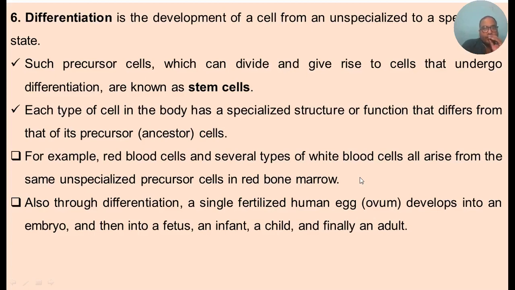After differentiation, this forms an embryo and then a fetus, an infant, a child, and finally an adult. So fetus, infant, child, adult, these are stages of the human organism as per their time and age of development. So these are all carried out through differentiation.